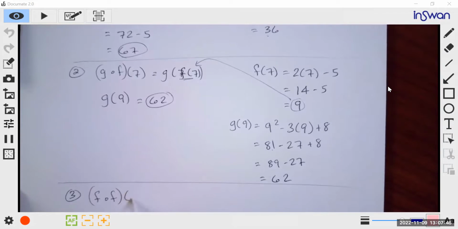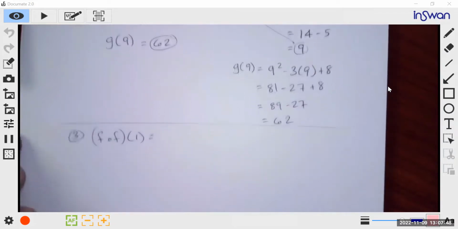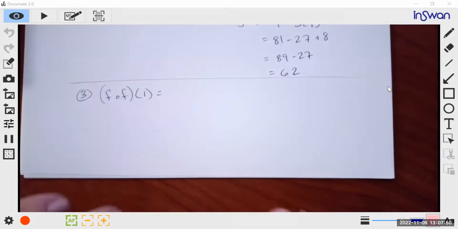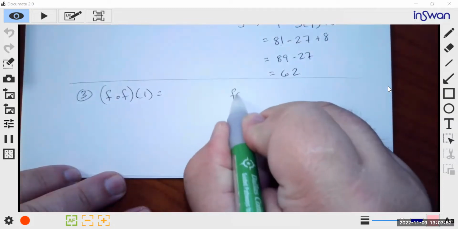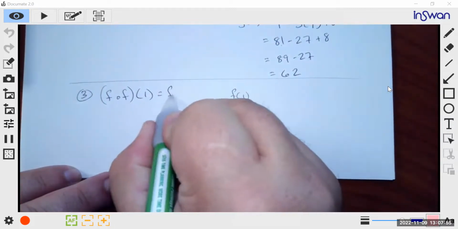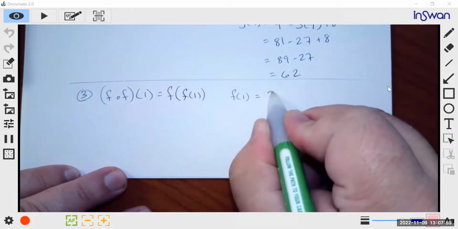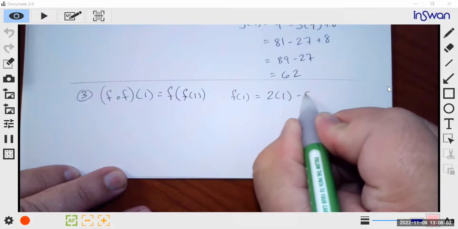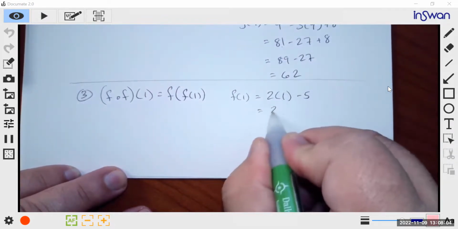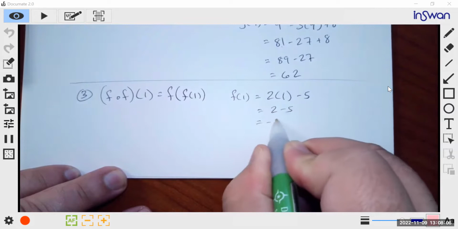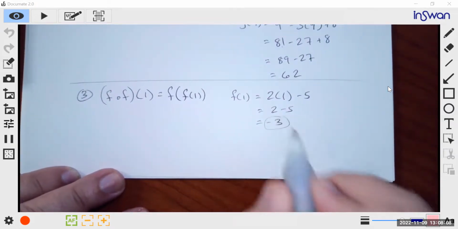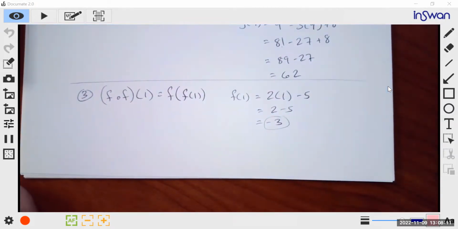We're doing f of f of 1. So f of 1 is 2 times 1 minus 5. 2 times 1 is 2, minus 5 is negative 3. Again, don't just copy what I'm doing. Work it out first, because all this stuff here is just plug and play.